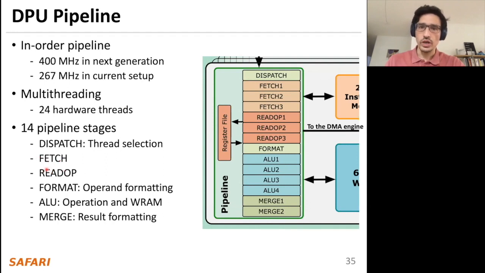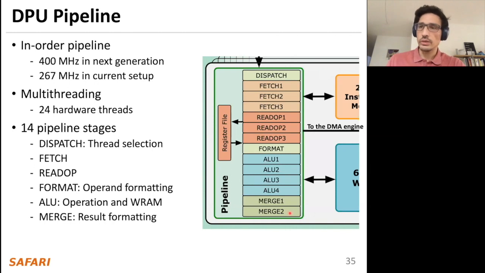Then we read operands from the register file. We format these operands and send them to the ALU in order to perform arithmetic operations, or also to read or write from this WRAM. And finally, we give the results the corresponding format and move them back to a register.